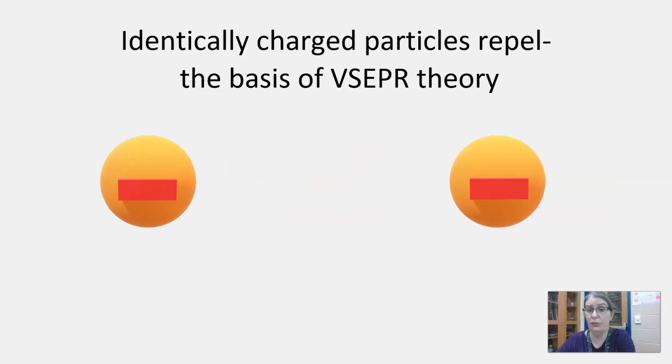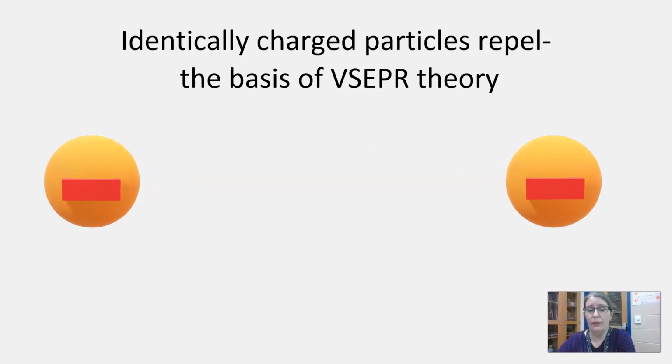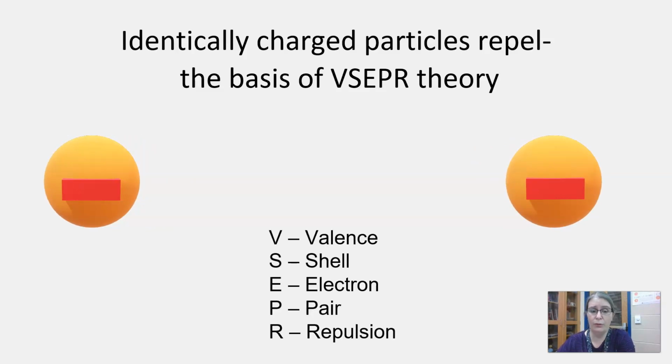Negative charges repel. So what does VSEPR stand for? Well, it stands for valence shell electron, because that makes sense. That's the electrons that actually participate in chemical bonding, the valence shell. Pair, because we either end up with bonding pairs shared in a covalent bond or lone pairs on one atom.